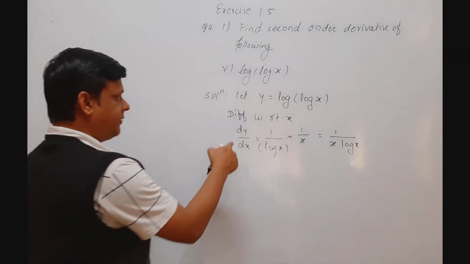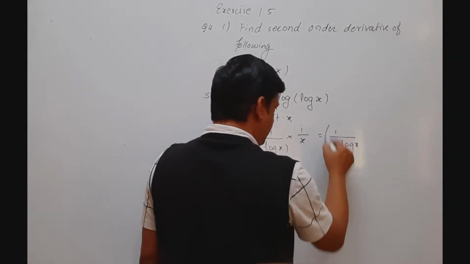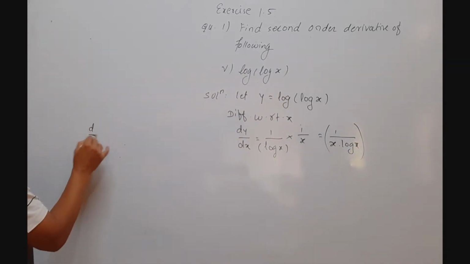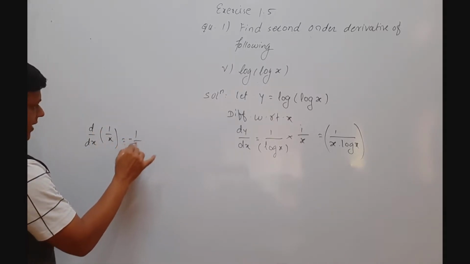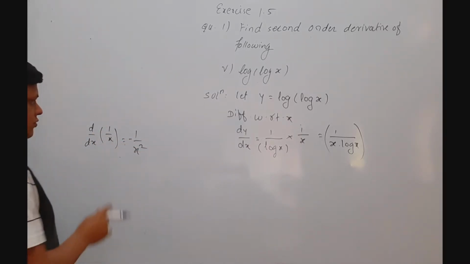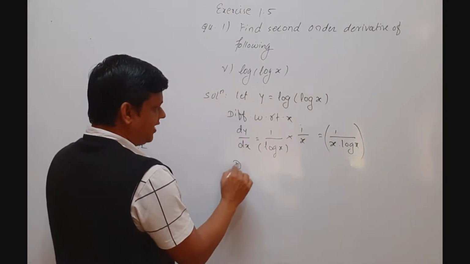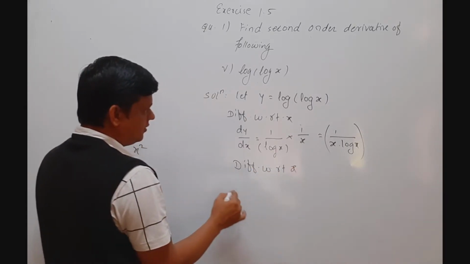Now again we have to differentiate this dy by dx with respect to x. So we treat this as 1 upon x. We know that d by dx of 1 upon x is equal to minus 1 upon x square. So here in place of x, the value is x log x. So we write here, differentiate with respect to x.